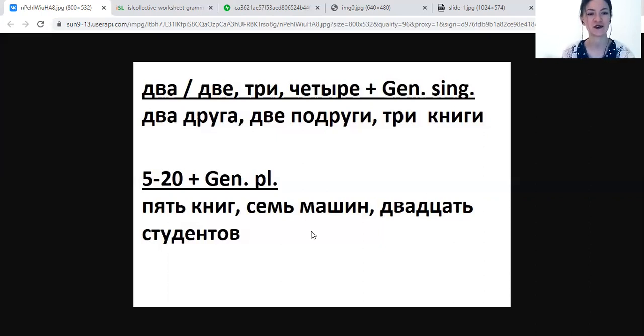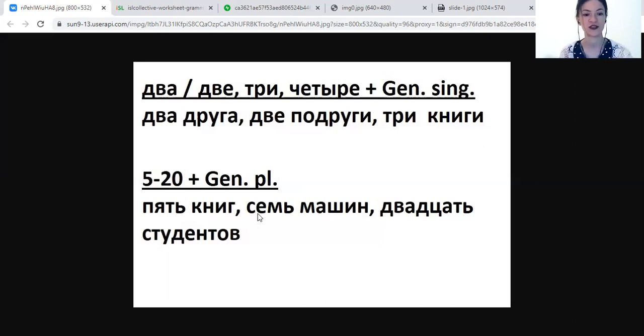Then we move on to level up from 5 to 20. And I forgot to write here everything with 0, like 30, 40, 1000, 1,000,000, everything with a 0 in the end. You should say after this genitive plural.